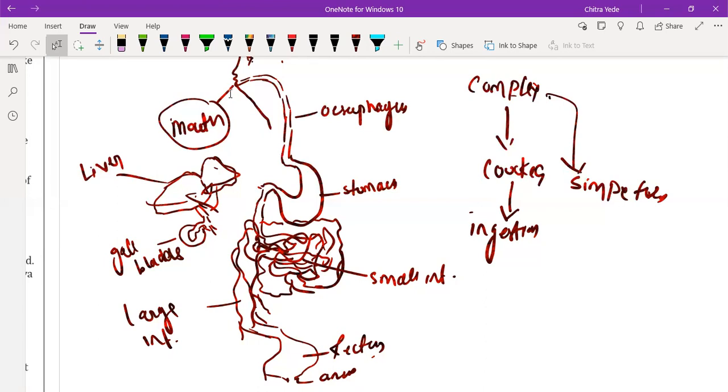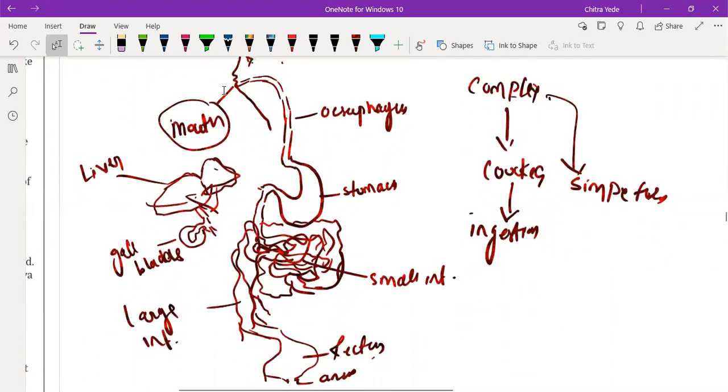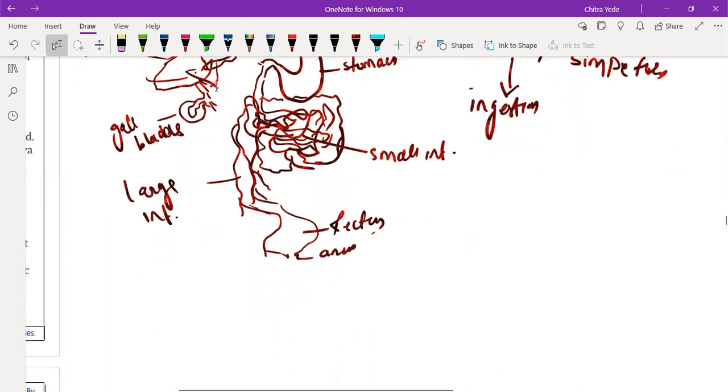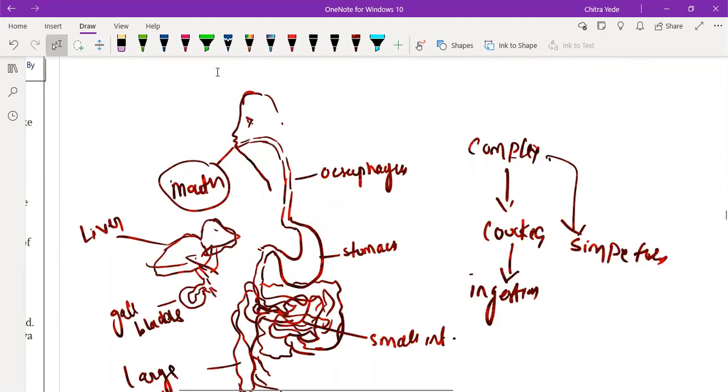Salivary amylase helps us to digest the food. That means the digestion process starts from the mouth itself. Then the food is swallowed and passes through the esophagus.